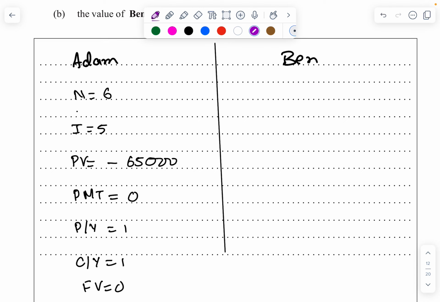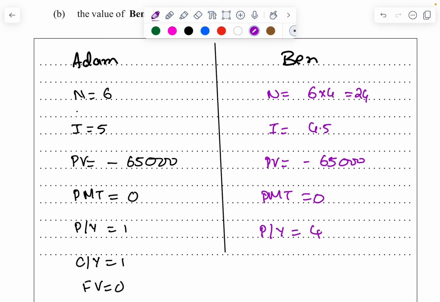Now for Ben, because it is quarterly, n is going to be 6 times 4, 24. I is going to be 4.5. And the principal value is going to be the same, minus 65,000. PMT, no monthly contribution, 0. P/Y is 4 because it is quarterly, and C/Y is 4.